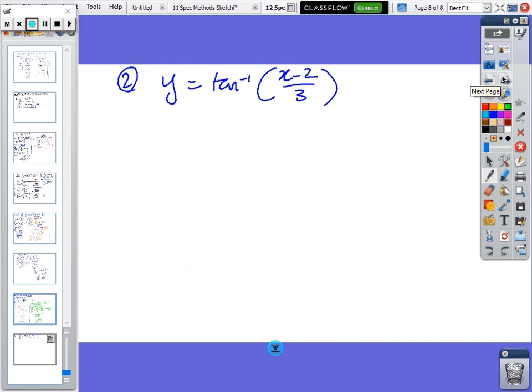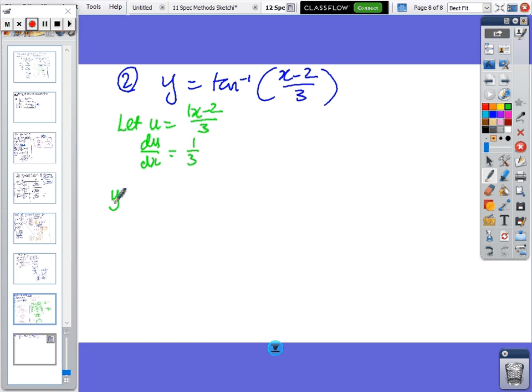Okay, so we've got another one. I'm going to do the substitution, just go straight to it. So let u equal (x minus 2) over 3. So du/dx equals a third, so that's derivative 1/3.